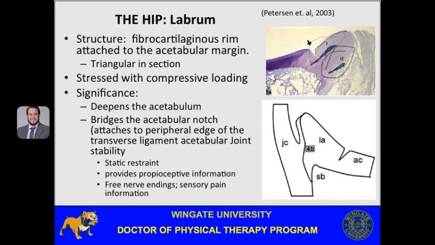Basically, this is going to help widen the surface area of the acetabulum there where the femoral head is attached, and it's also oriented to be able to accept compressive loading there within the joint. So in other words, compressive loading between the femur and the pelvis.